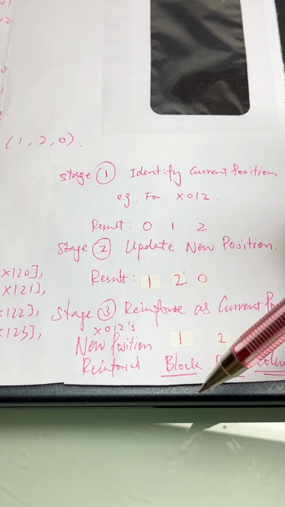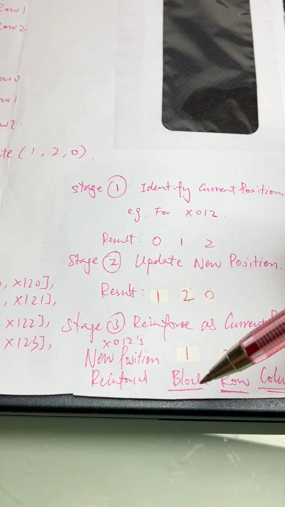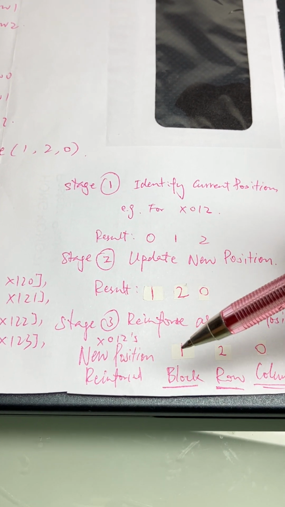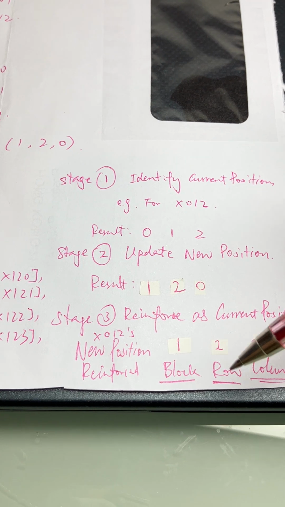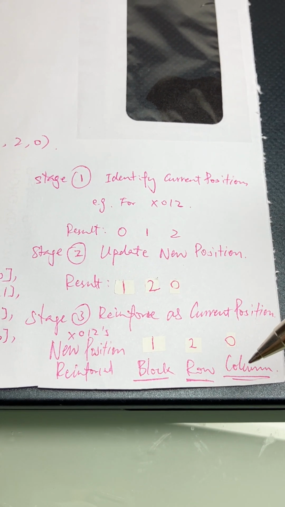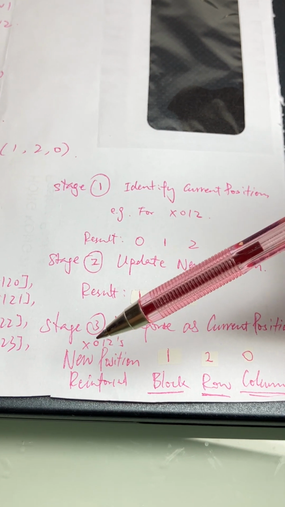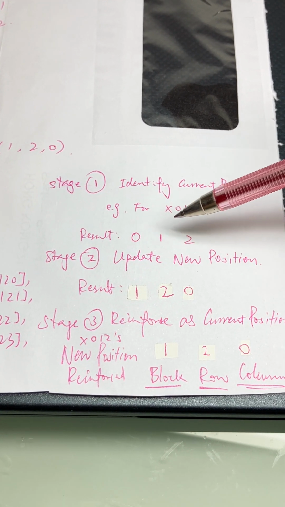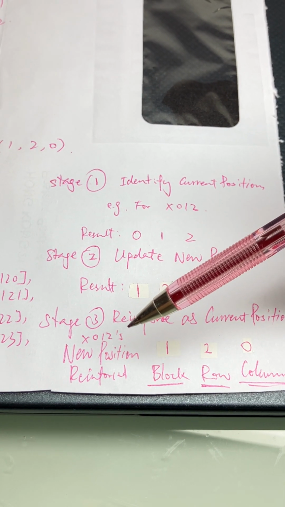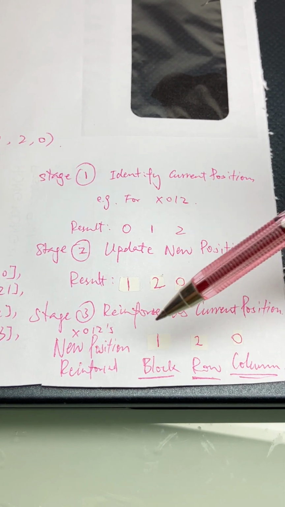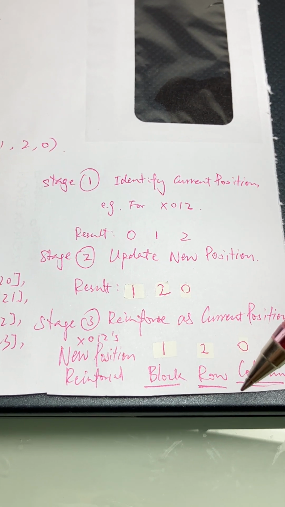That means we follow the naming convention for the tensor structure. That means that 1 corresponds to the block, 2 corresponds to the row, 0 corresponds to the column. That means that x012, which is our example, will sit in this exact position of the new, permuted tensor.